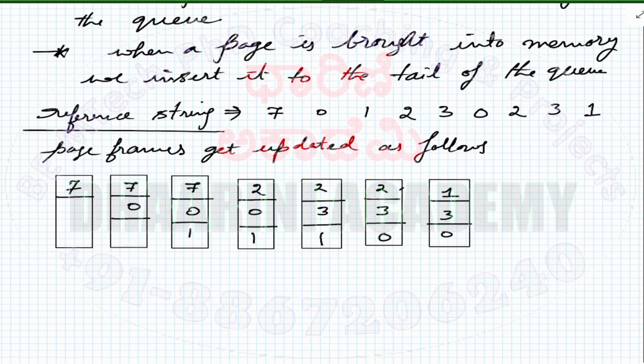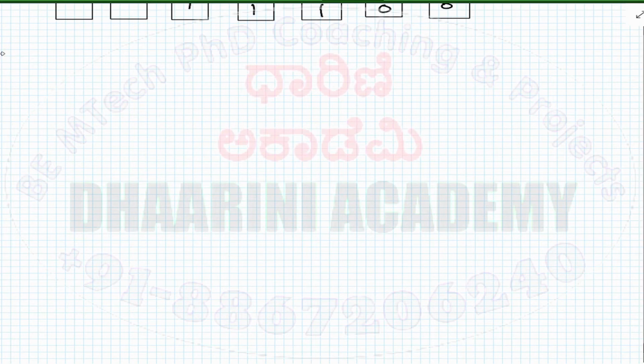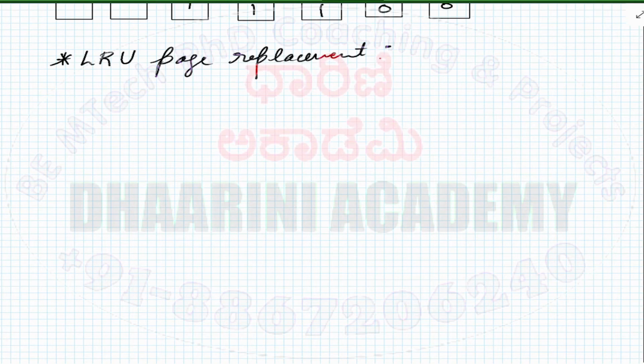And after this example, now we'll go to the second algorithm for page replacement, and this algorithm is called LRU page replacement. LRU page replacement algorithm is basically referred to as the least recently used.